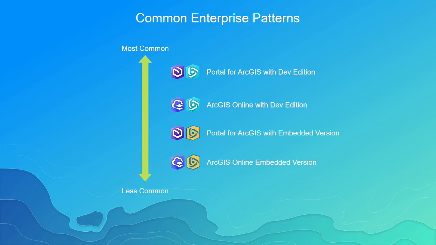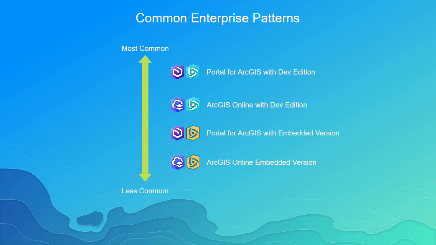And then as your organizations get smaller, you move to ArcGIS Online to store all your items, and use Dev Edition locally using ArcGIS Online as that portal, and then the portal with the embedded version, and then ArcGIS Online with the embedded version.